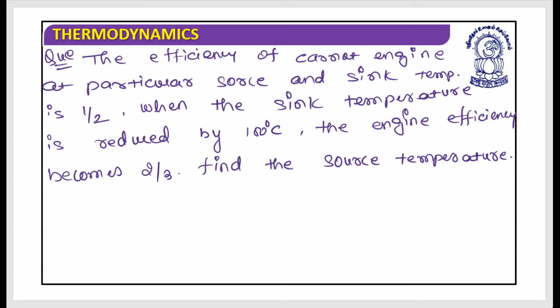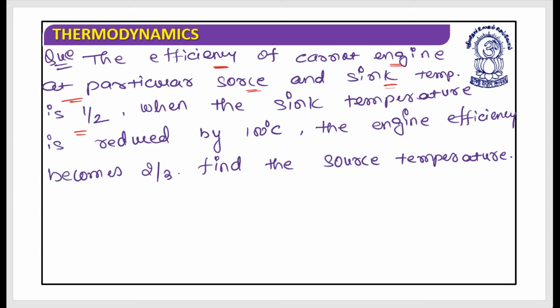How will you do this? What can be done? He says that the efficiency of the Carnot engine at a particular source and sink temperature is 1 by 2, and when the sink temperature has been reduced by 100 degrees Celsius, the new engine efficiency has become 2 by 3. We need to find the source temperature.